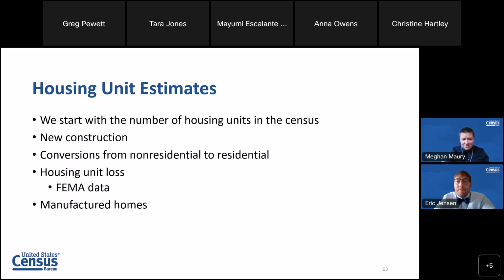And honestly, there's still so much more we can do. I've heard folks at the Bureau talk a little bit about the research we're doing this decade to figure out additional ways to fold administrative data into our programs to improve the accuracy of our estimates and statistics. It's so interesting, and I can't wait to keep following it. So thank you so much.